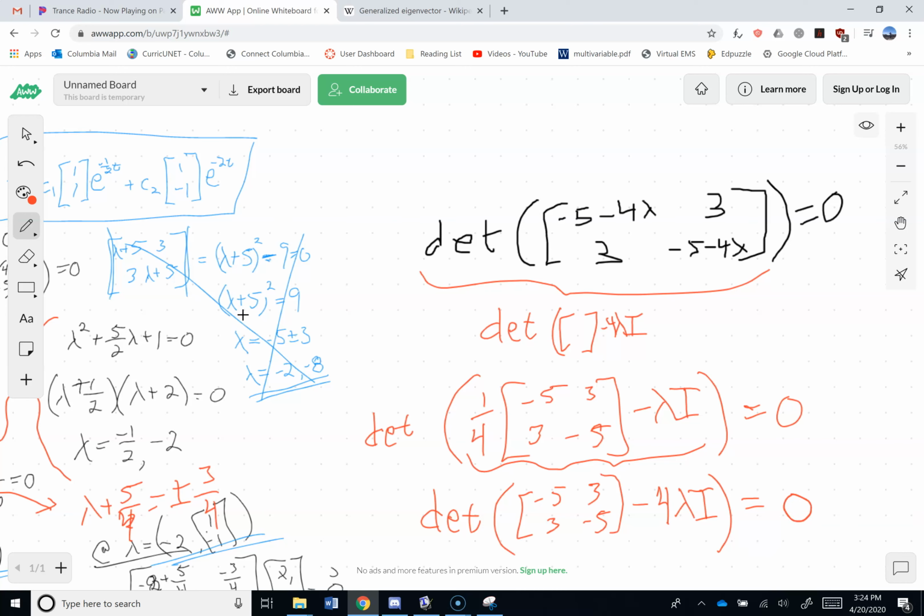Yeah, so this is really a property of singular matrices, that if you have a matrix that's not invertible, if you multiply it by a constant, it's still not invertible.